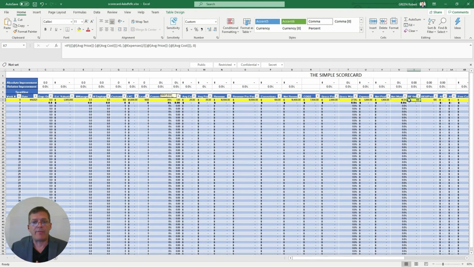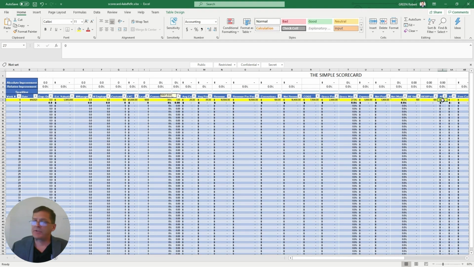And then we also have a break-even unit per person in the event that you wanted to calculate the number of items that you have to sell, or each individual has to sell, in order to help make that break-even point. The next three columns have to do with cash flow, and that's the amount of dollars in accounts receivable, the amount of dollars in accounts payable, and your free cash flow.